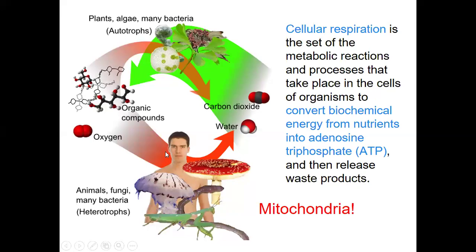Humans need oxygen, and we use it to break down the carbohydrate that has been produced, and then we release carbon dioxide back to the plants, and it goes on and on. So humans or animals generally are referred to as heterotrophs.